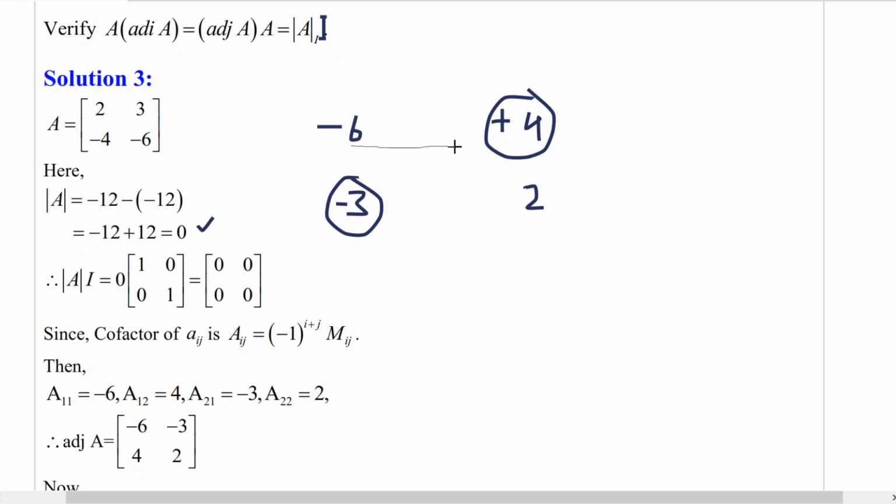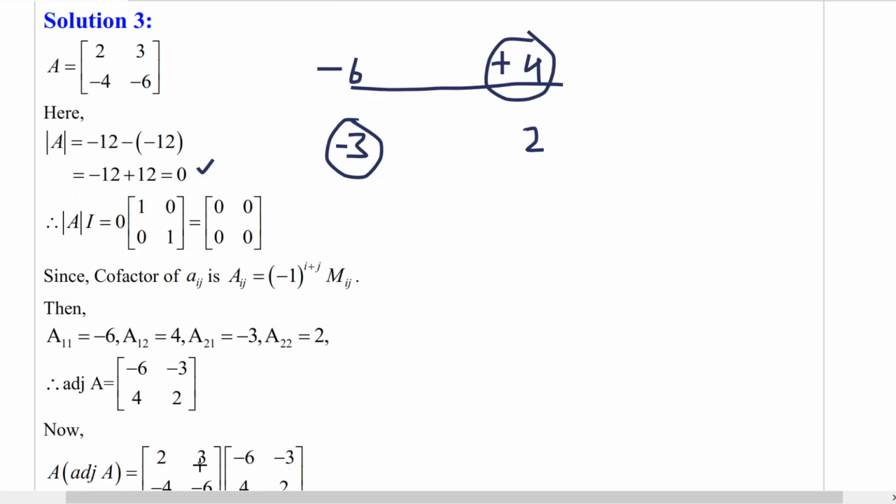Simply write the first row of cofactors into the first column, and the second row of cofactors into the second column, and just put it in a box, that is in a matrix, and this is our adjoint A, as we have already learnt.